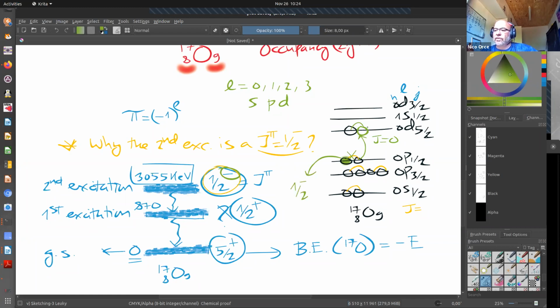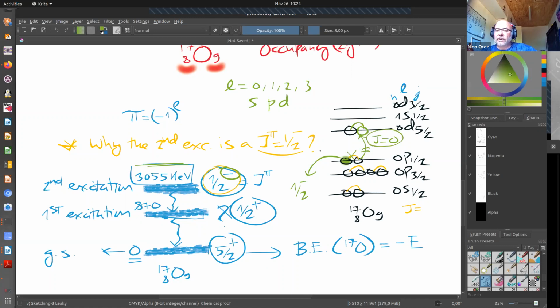So this is the most likely process that happened to make a 1/2 minus: this pair, which was here in the P 1/2, broke. And for that, you require energy. That's why this energy is high, right? This 3 something MeV. Not only that, but also you have to break the pair and go up there. So then you produce a new pair here, which couples to J equals 0.